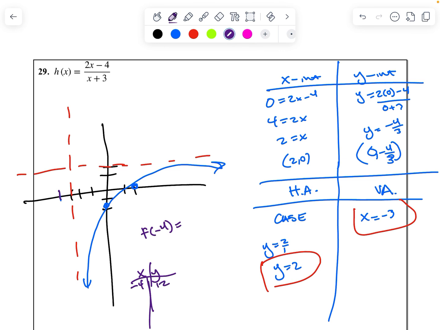I get a 12, which is way up here. 1, 2, 3, 4, 5, 6, 7, 8, 9, 10, 11, 12, sure. It's above, and so we know it's going to chase that asymptote as well. And so that is our graph of our function. Like I said, this is more of a typical rational function. This is what a typical rational function looks like, if you could call any of them typical.